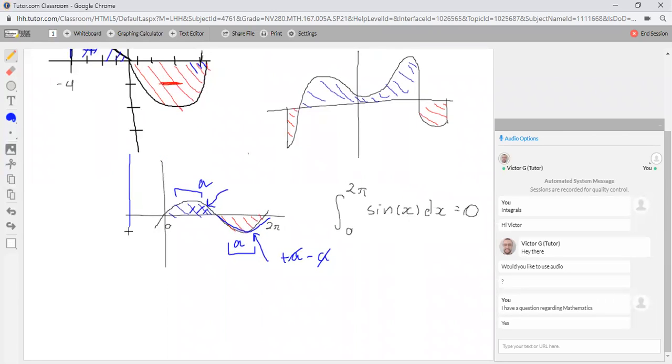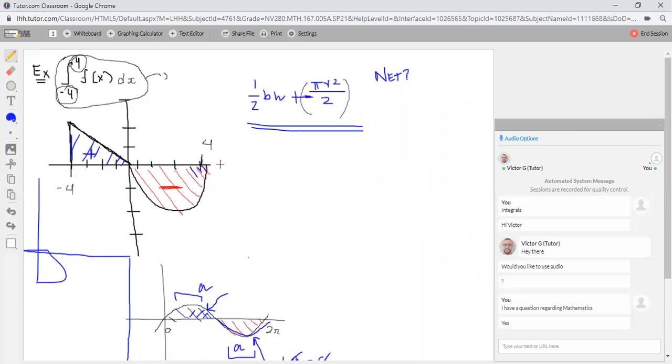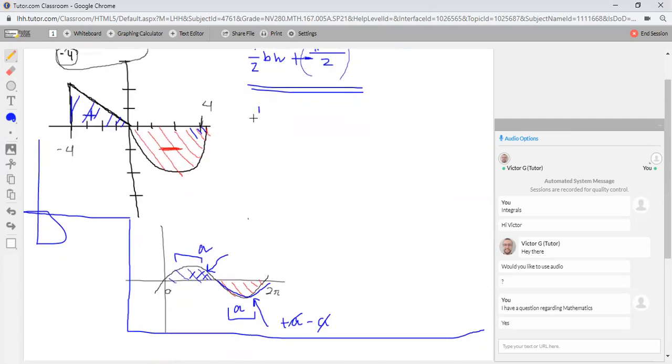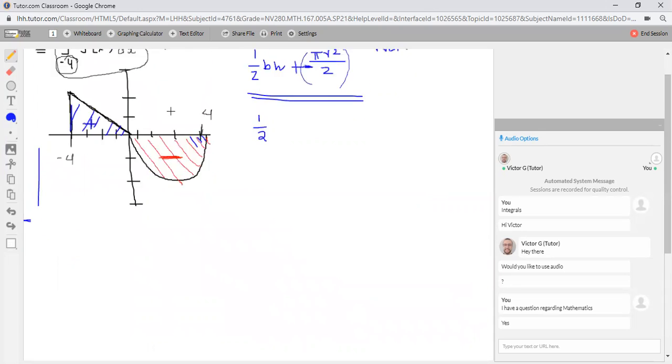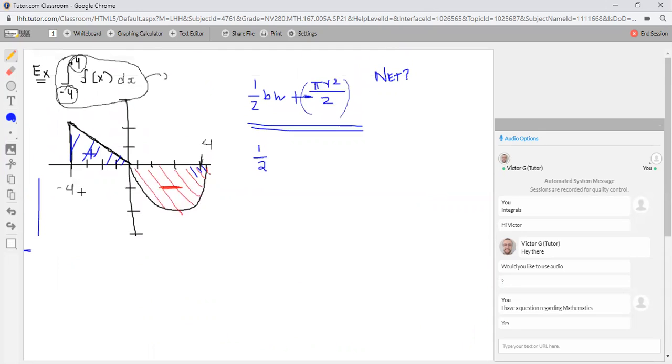Sure, maybe let me just erase that graph. Section it off here. Okay, sounds good. So we do 1/2 times the base. Now I would assume, Victor, that the base is essentially going to be this particular section here, which is -4.